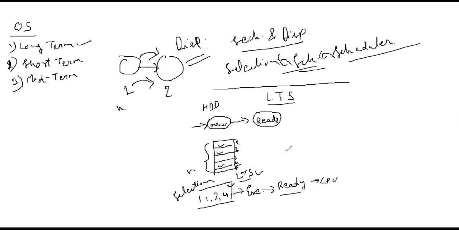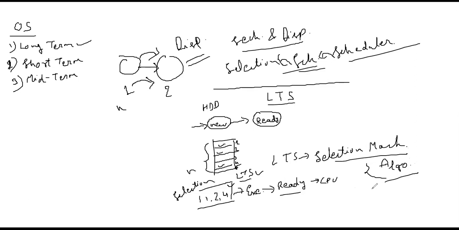It means that even in LTS we require a certain selection mechanism, or in technical terms, a selection algorithm. Which algorithm can it use? We can use many algorithms, out of which I can pick any one.